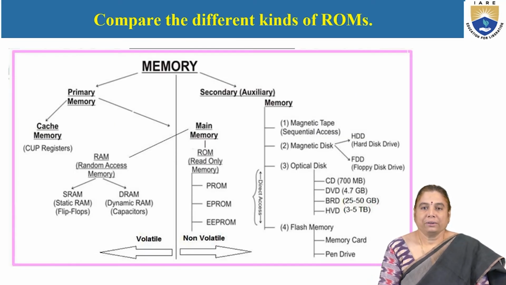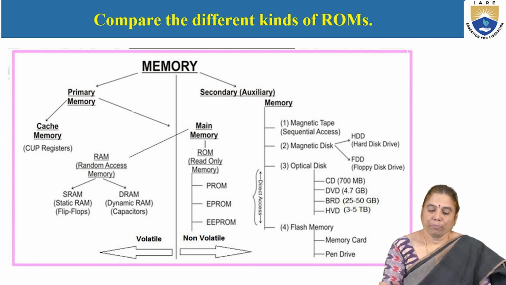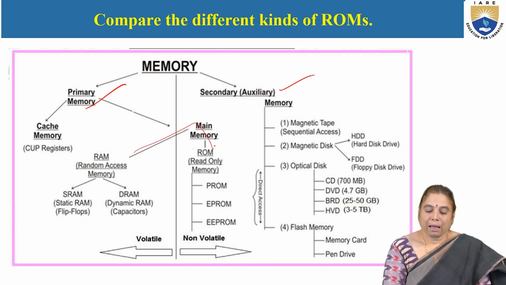Compare different kinds of ROM. ROM is a type of memory. Memory is generally classified into primary memory and secondary or auxiliary memory. Primary memory is main memory and it consists of RAM and ROM. RAM is random access memory.